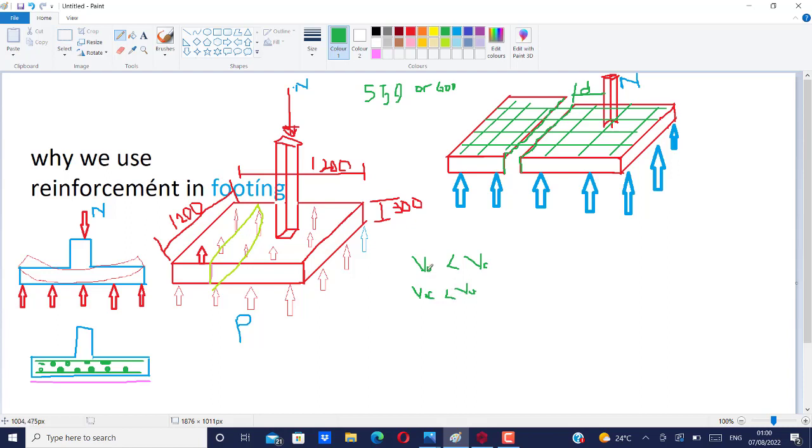If the ultimate shear stress is less than the concrete shear stress, you wouldn't need to increase the section that you have chosen before, and you won't need this top reinforcement.